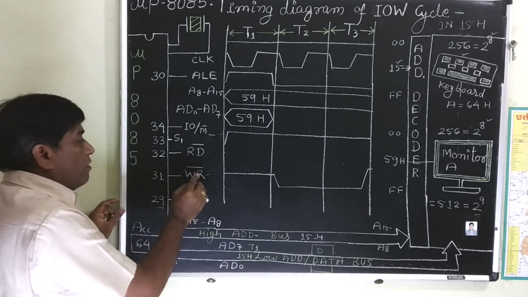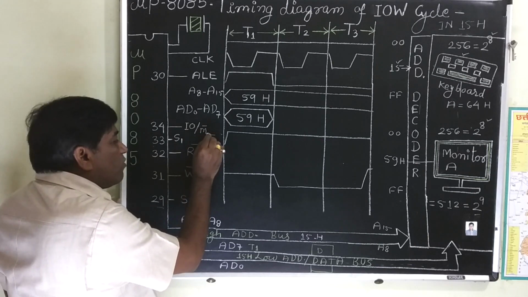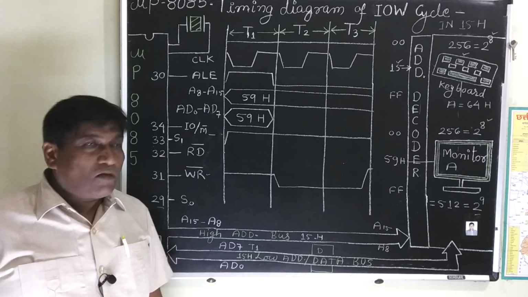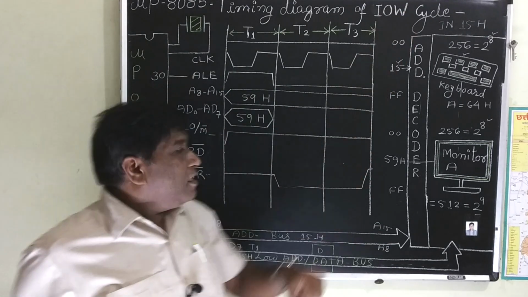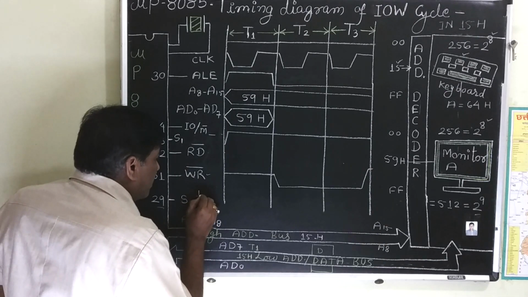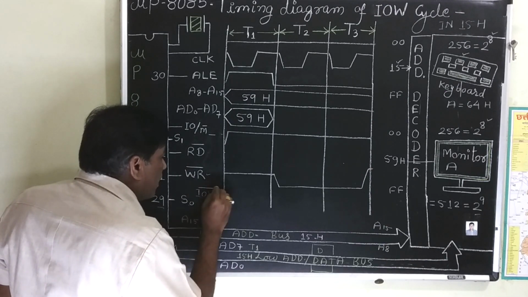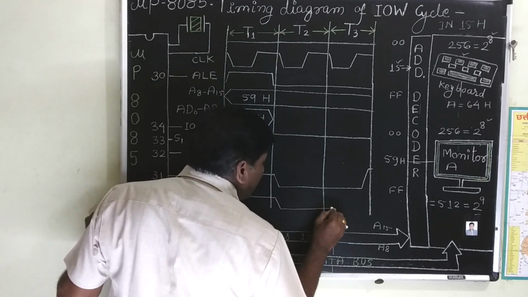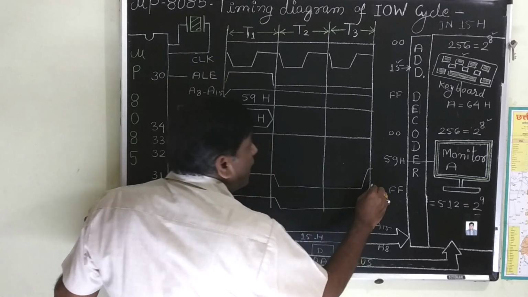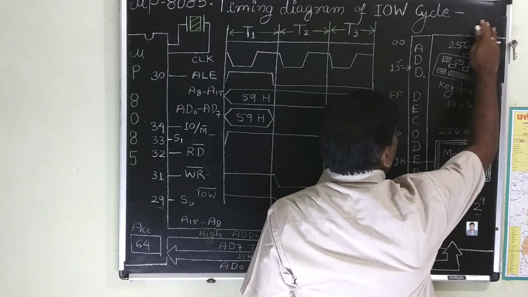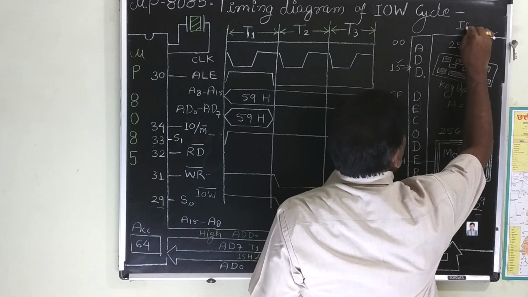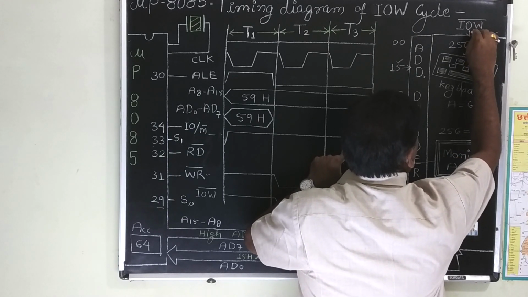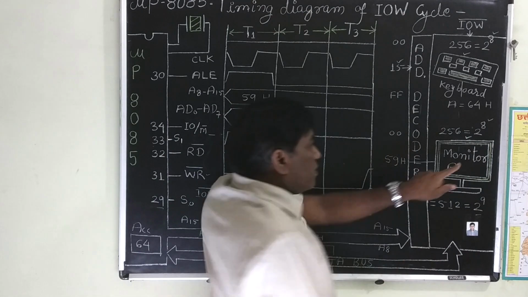So in relation with IOM bar and write bar, we have hardware for generating a control signal. What is that control signal? IO write bar. What is the status of IO write bar? If you see, IO write bar will be activated low for T2 and T3, and this IO write bar is enabling the monitor.